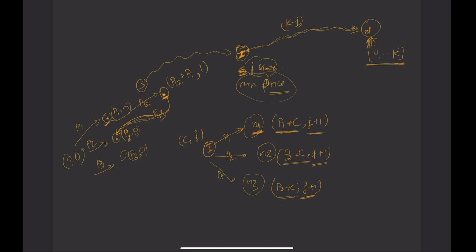So this distance will be P13, and the total cost will be P13 plus the node I am coming from, which is P12, plus P. And the stops, since it is a non-source node, will be 1 plus 1, which is 2. So this one will update this one.